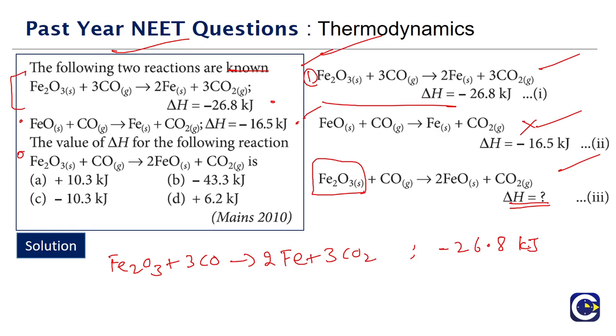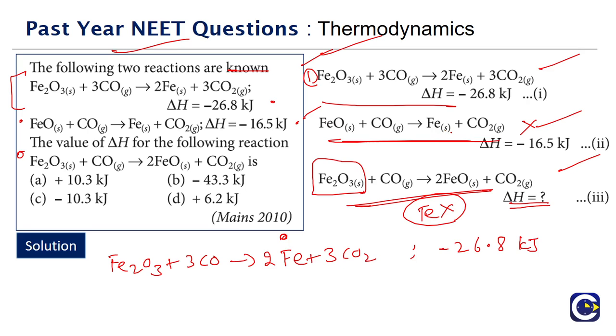In the overall equation there is no Fe. But if we write the first equation as it is, Fe is coming as 2 moles on the product side, and in the overall reaction we should not have any Fe. In the second equation, Fe is on the product side, so we should reverse it.